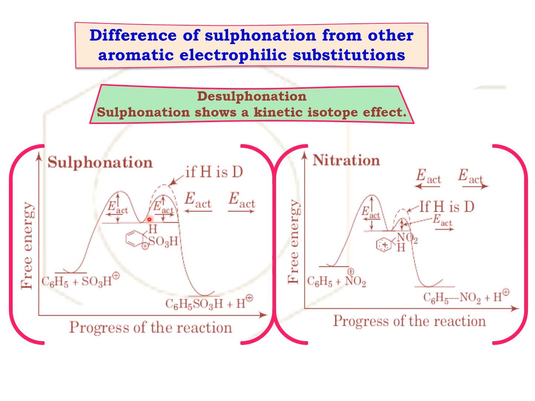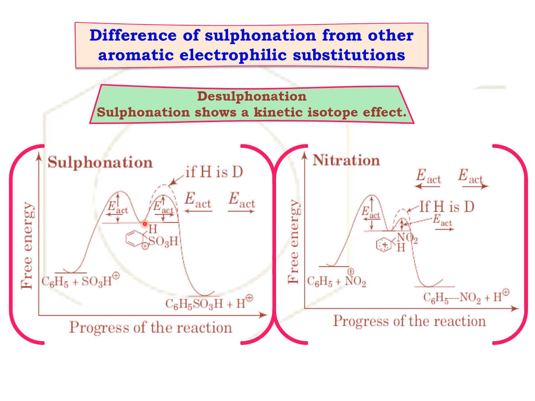Here we can observe that the energy levels for getting back to the reactant or for converting into product are almost equal. Hence, from the profile diagram, we can say that sulfonation was found to be reversible in nature.